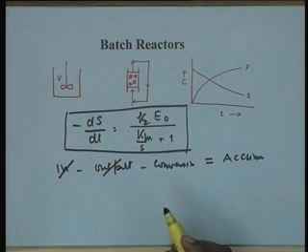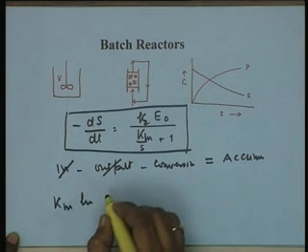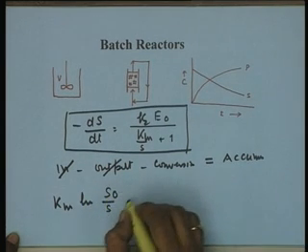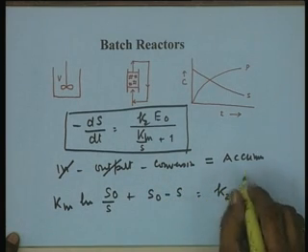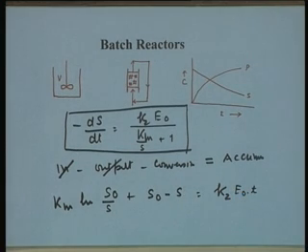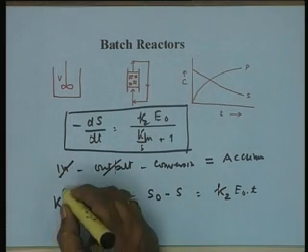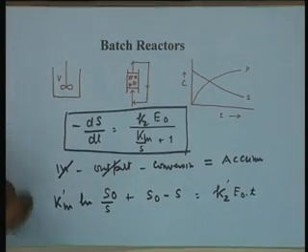Now, if you simplify it, you will get Km ln S0 upon S plus S0 minus S is equal to k2 E0 into t. Again I would like to repeat that if we are using a batch reactor for immobilized enzymes, we should replace Km and k2 by prime terms. Otherwise, if it is soluble enzyme, the Km and Vm values are used.